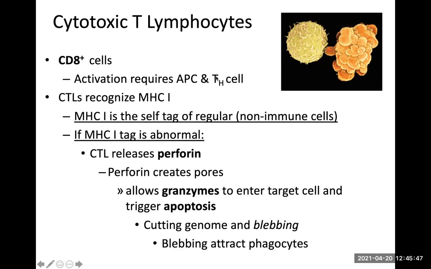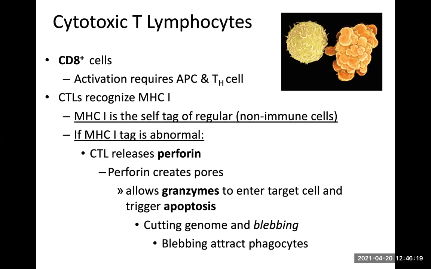We see an abbreviation here, TH, that's a helper T cell. So CD8 cells need to be activated by an antigen-presenting cell, and then they need permission to proliferate by a helper T cell. Once this happens, then this guy here, the CTL, will tell the infected or weird cell to start what we call apoptosis.